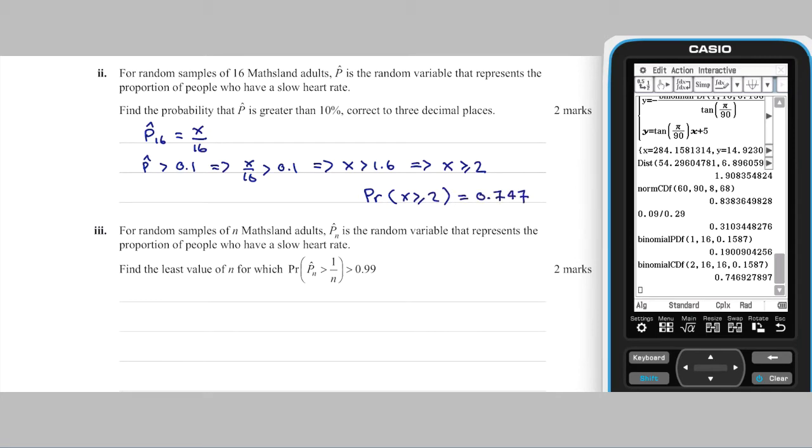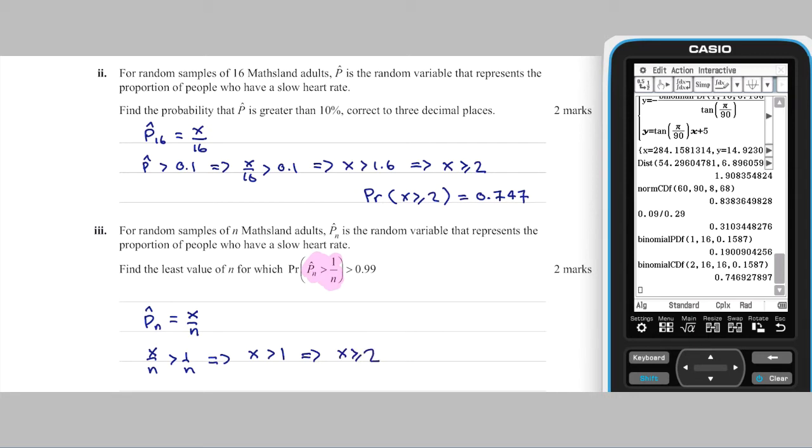Part C, Part 3. We are now considering samples of size n, and so our p hat variable will be equal to x divided by n. Hence we are interested in x on n being greater than 1 on n, which implies that x is greater than 1, and as x is a discrete random variable, this means we are interested in x greater than or equal to 2.